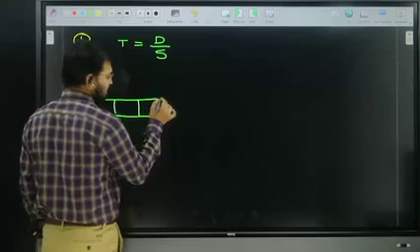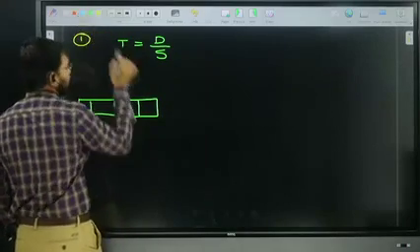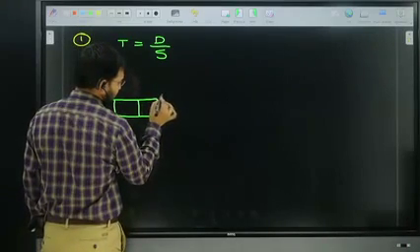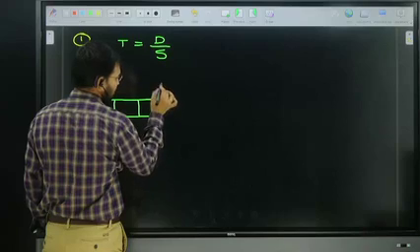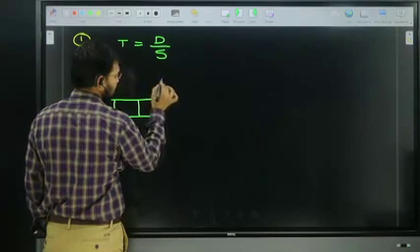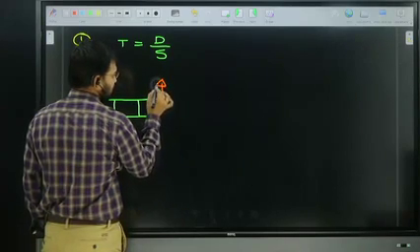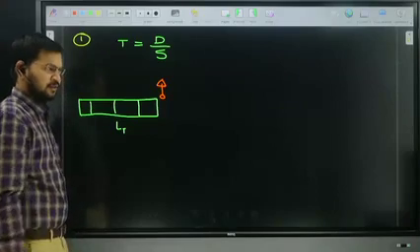Whenever a train is crossing a stationary object, this is a stationary object.